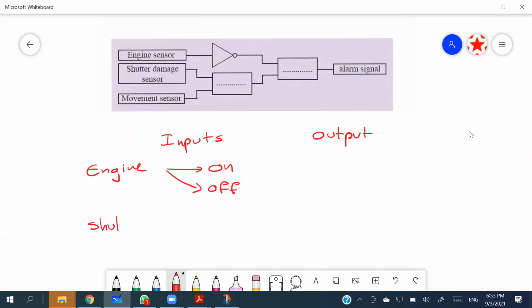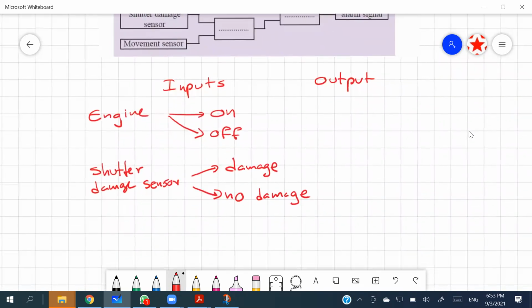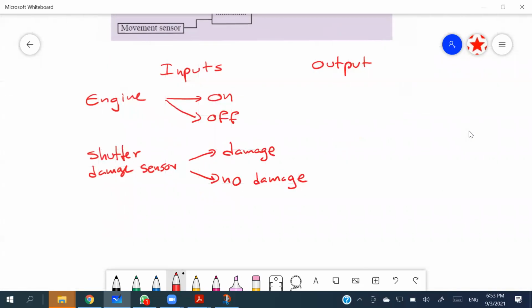And the shutter damage sensor, this indicates damage or no damage, right? And the movement sensor, this indicates moving, not moving, right?